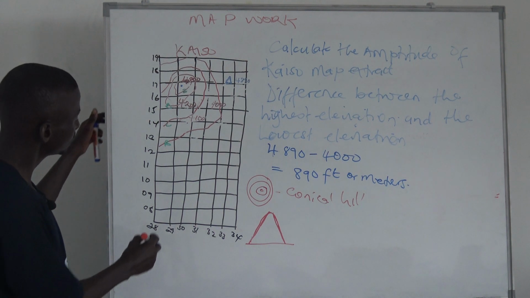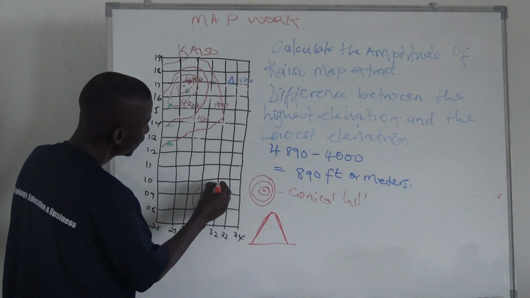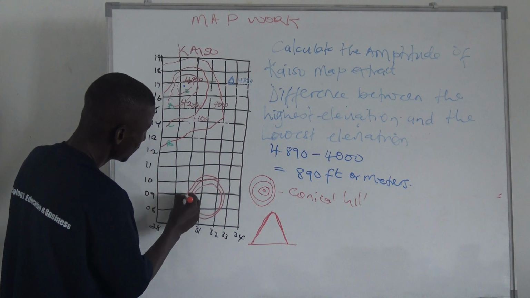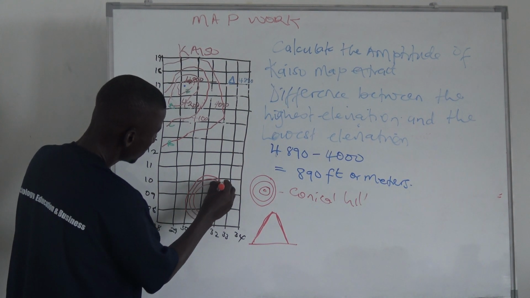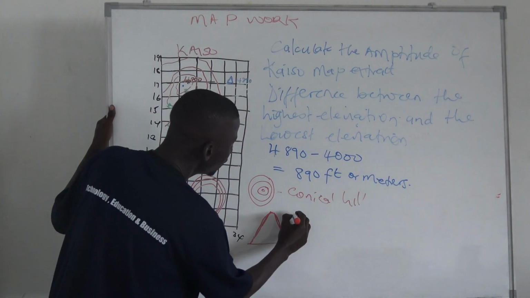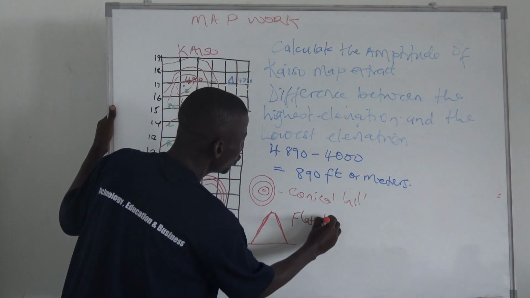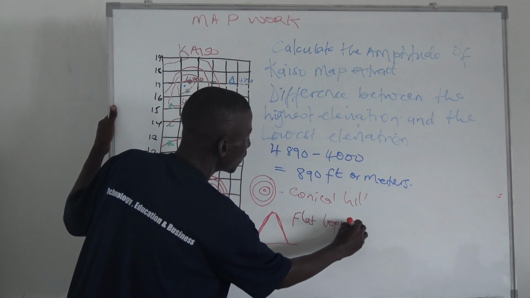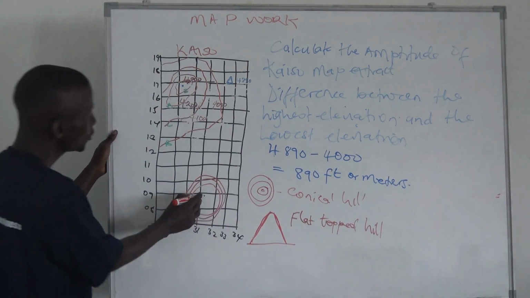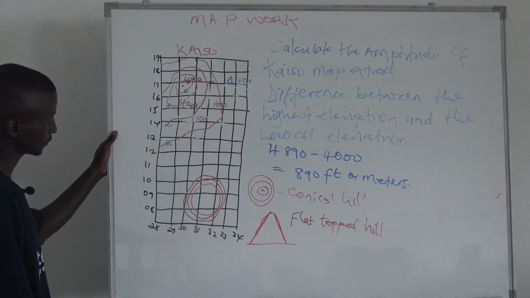But if it is very big in the center, like that, this is not a conical hill this time. This one is called a flat topped hill. It is different from that one.